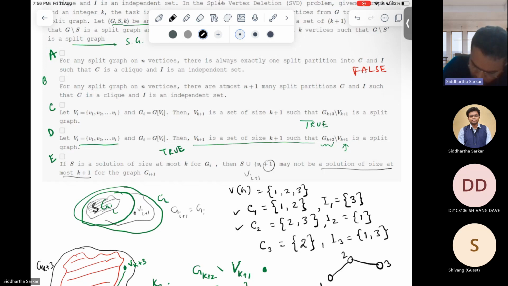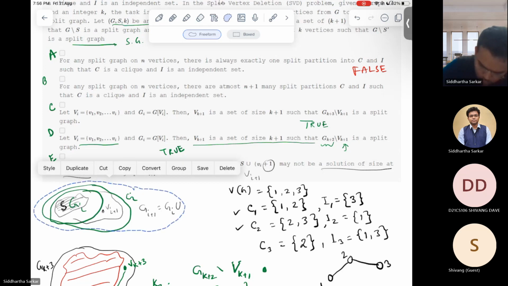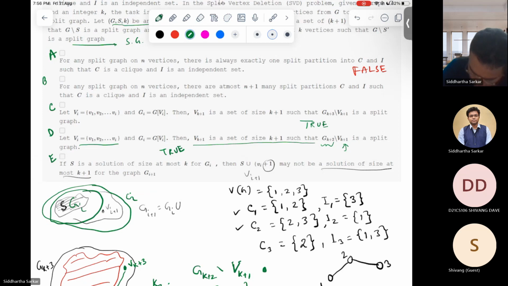It is nothing but G_i union this (i+1)th vertex, right? So for this graph, this thing is not a solution. That's what they're saying.